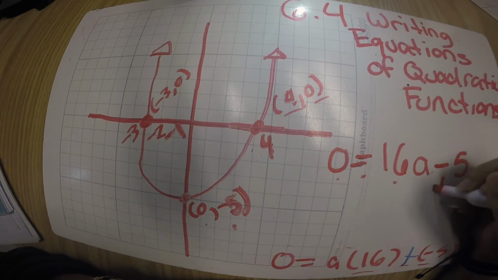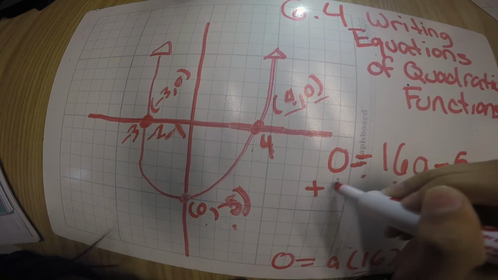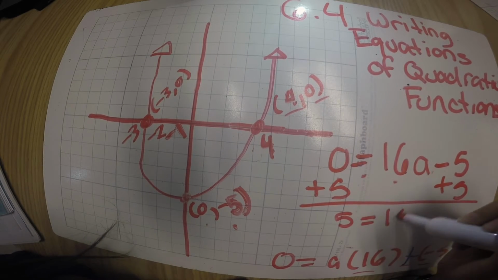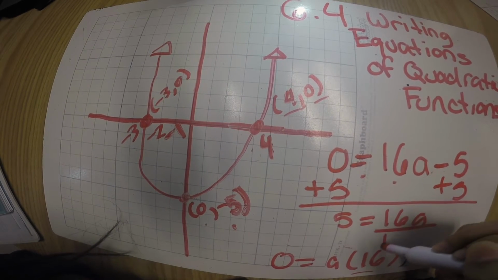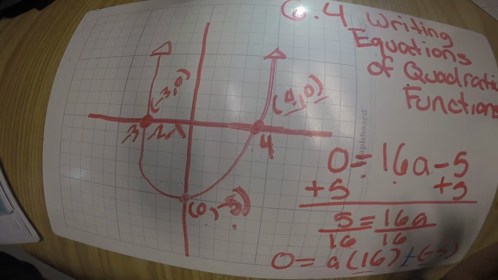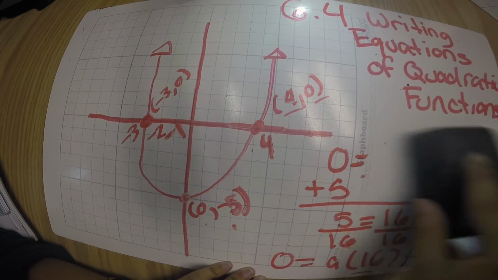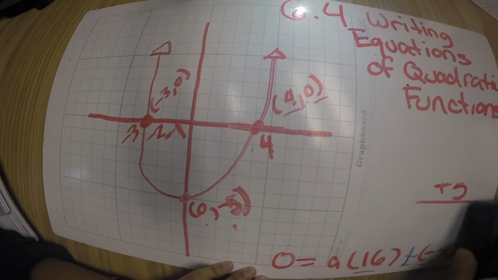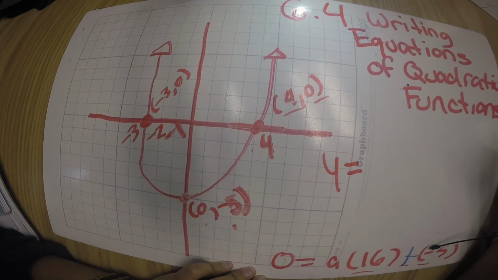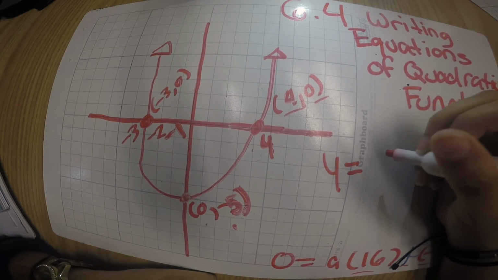So to finish this equation, I'm going to add the 5, bring down the 5, and then I'm going to divide it by 16, and then my a is going to be 5 over 16. And so to bring it back to the original equation, I'm going to replace the a with 5 over 16.